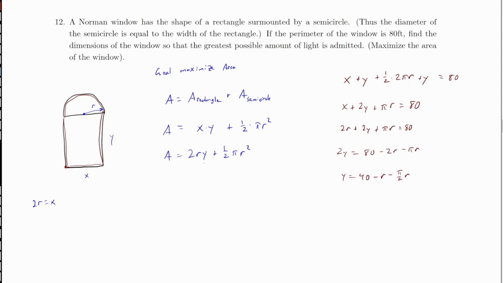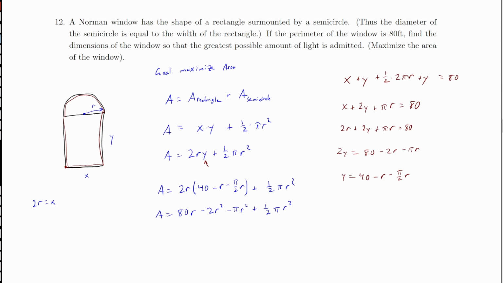Okay, looks good. Let's plug that in for y. So area is 2r times (40 minus r minus pi over 2 r) plus 1/2 pi r squared. Okay, let's simplify a little bit. Distribute this 2r, so I have 80r minus 2r squared minus pi r squared plus 1/2 of pi r squared.